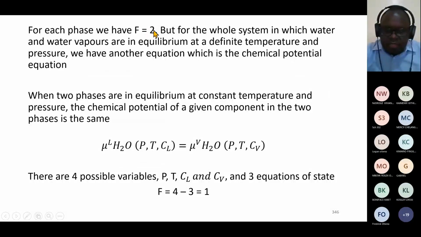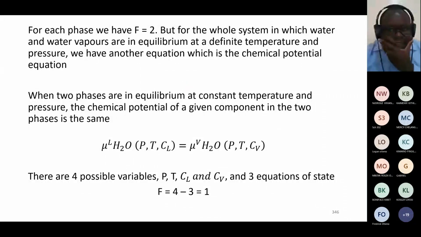If you're to determine using the phase rule, for each phase, F equals to 2. But the whole system in which water and water vapors are in equilibrium at a definite temperature and pressure, we have another equation. So apart from the equations of state, we also have the chemical potential equation.